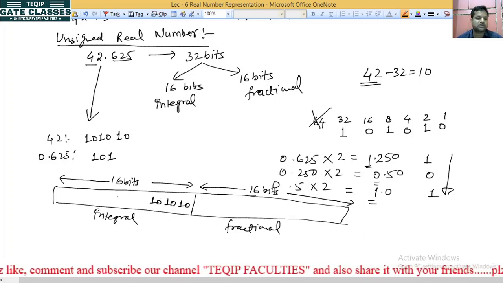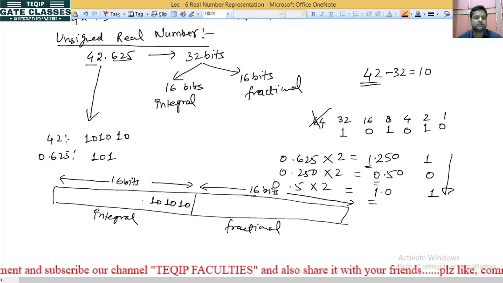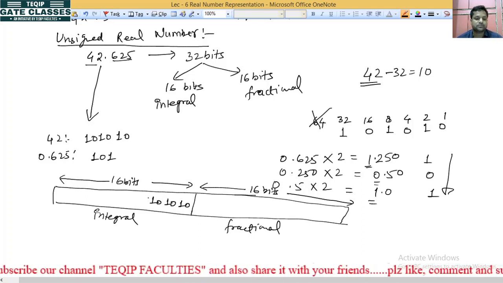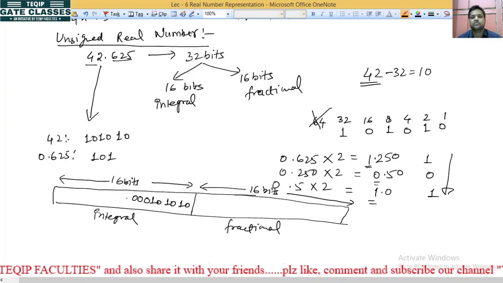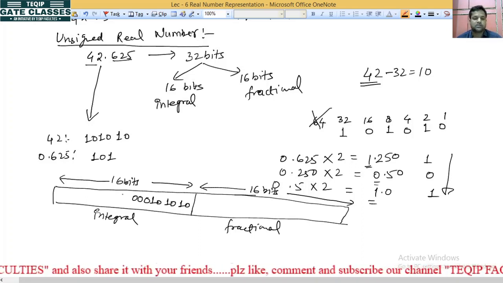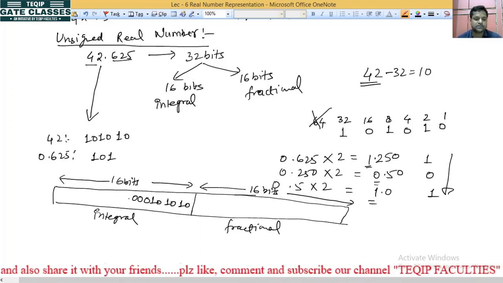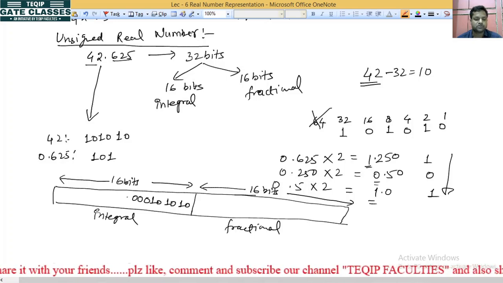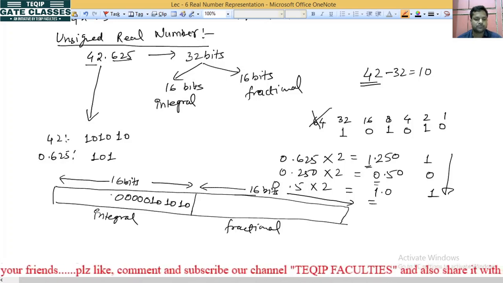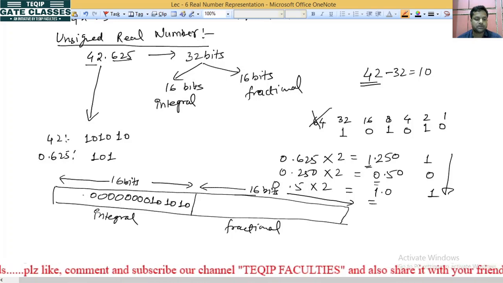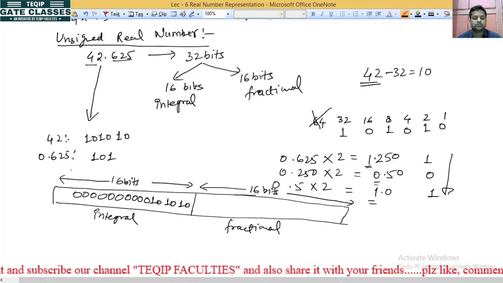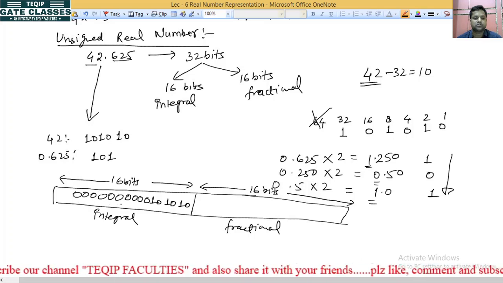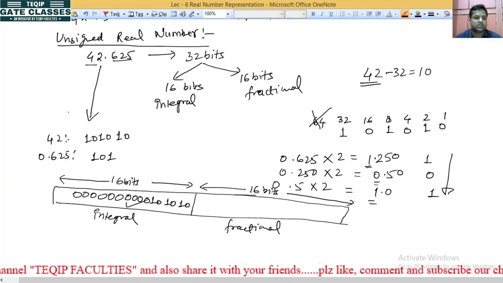So remaining how many bits are there? 10 bits. So place 0 in front of this, बिकॉज अगर आप 0 किसी नंबर के आगे लिख देते हैं तो उस नंबर की वैल्यू में कोई डिफरेंस नहीं आता. तो it will be 10 zeros, है ना. So 42 in 16 bit is represented like this.